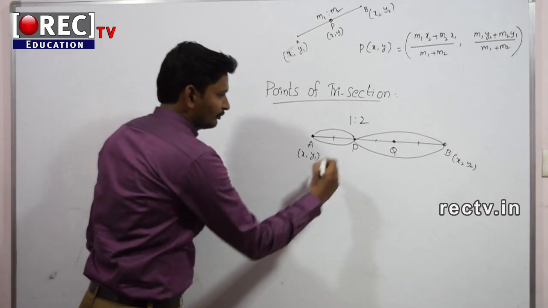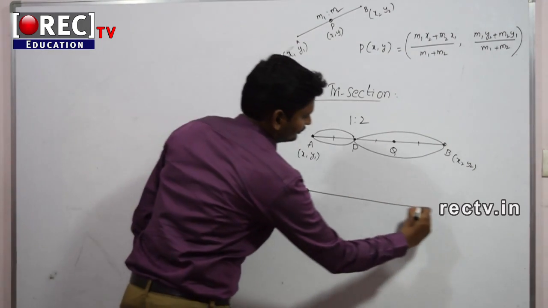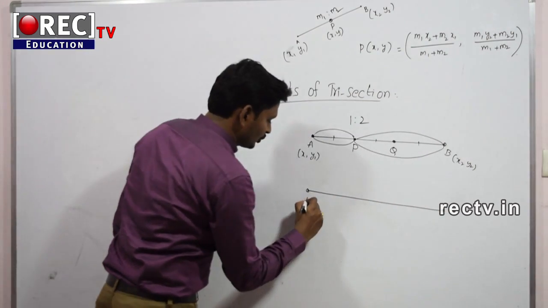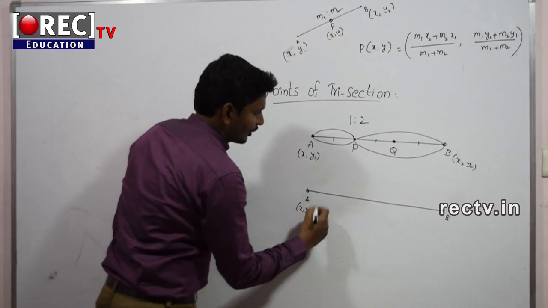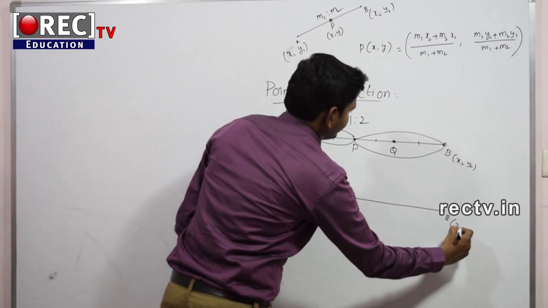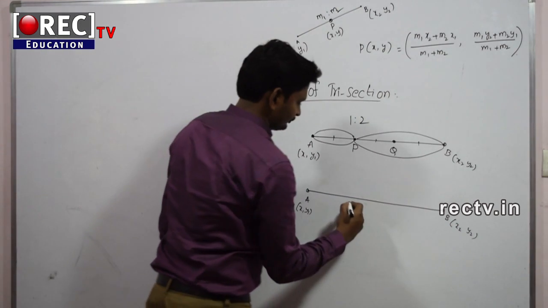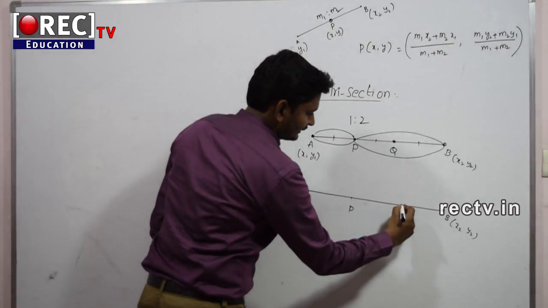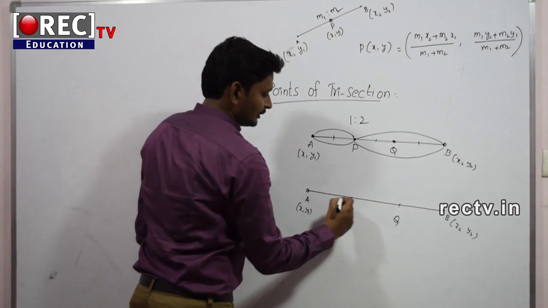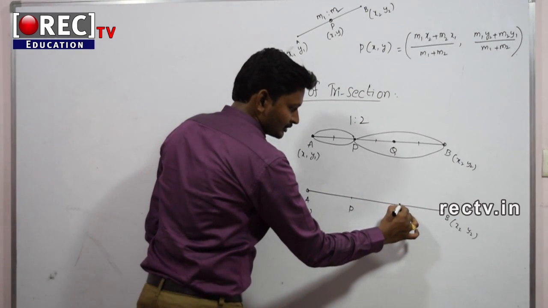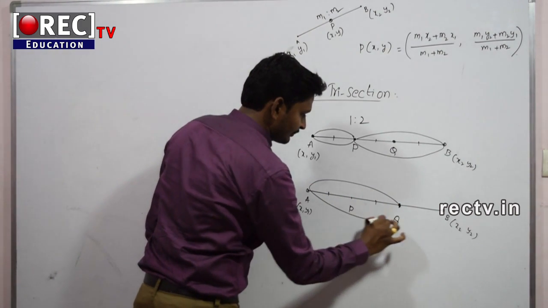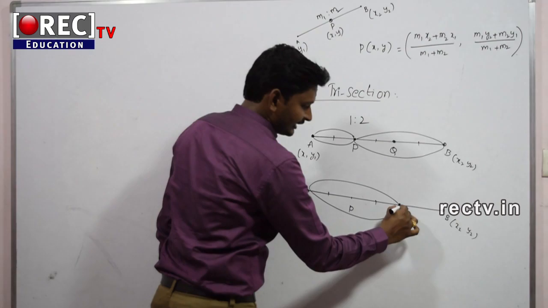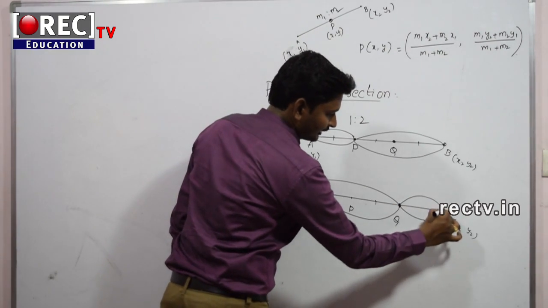And in the same way we have to find Q. So here the two points are called points of trisection. The first point P divides in the ratio 1:2. Now this is P and again this is Q. Here I am discussing this Q. On this side we have two parts, that means AP and PQ, and here we have only one part, that is QB.